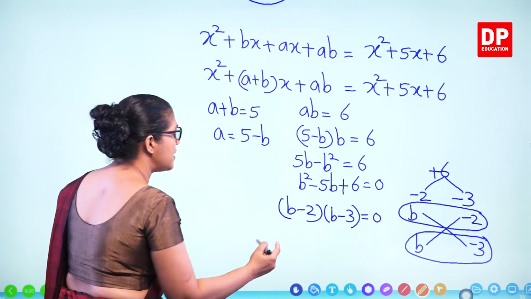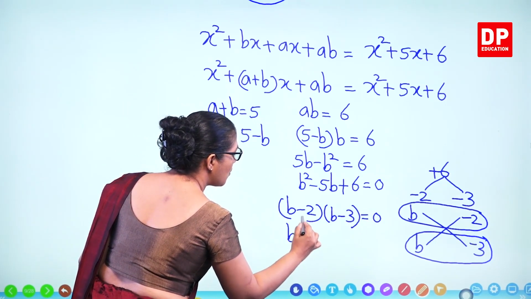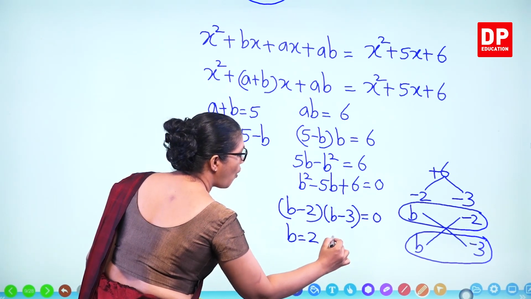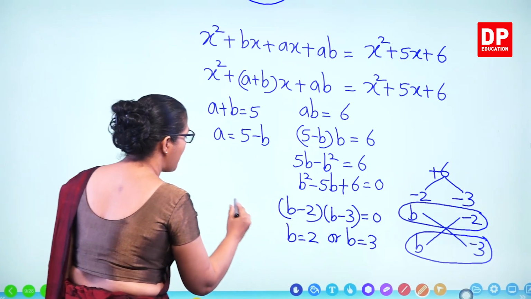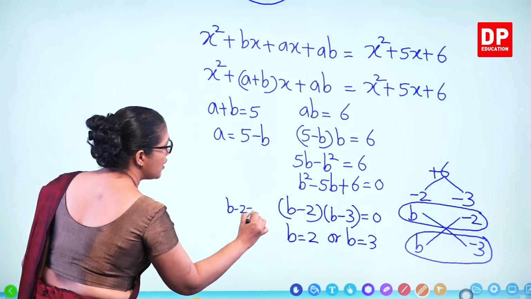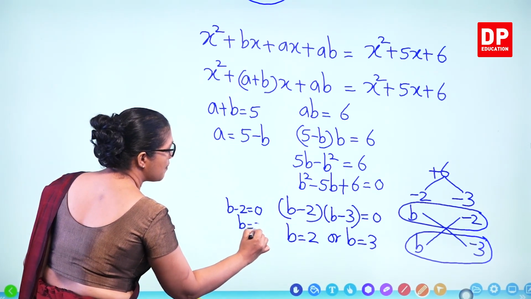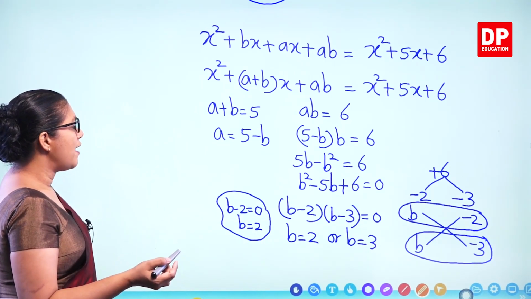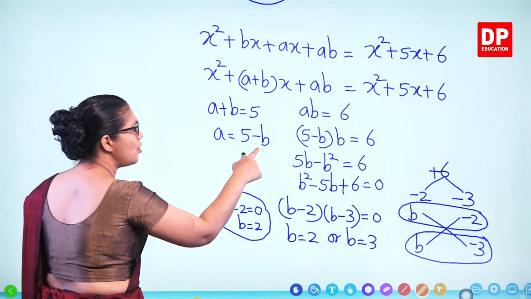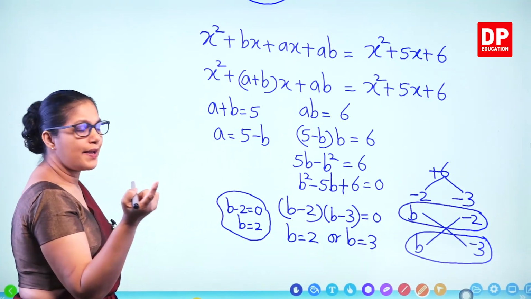From that you can identify what b is. b equals 2 or b equals 3. Because b minus 2 you can equate to 0, b becomes 2. So b values are there, then substitute into this equation and find a.